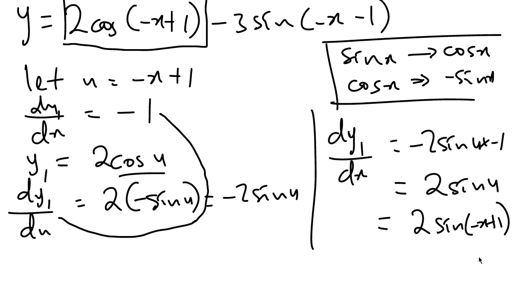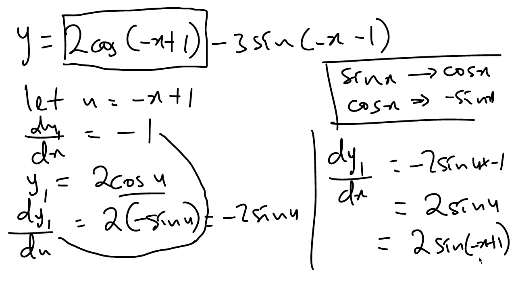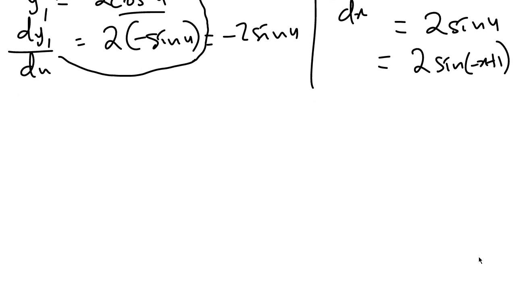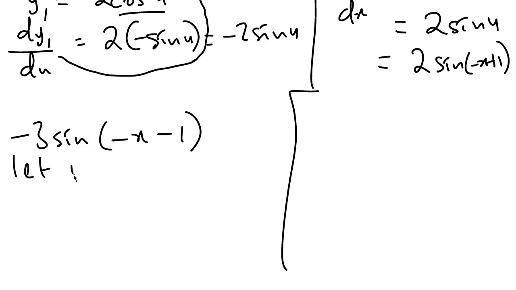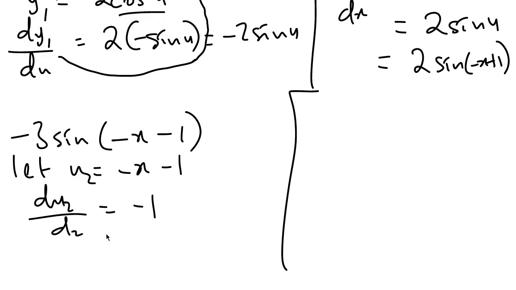And then for the second part, which is -3 sin(-x - 1), same thing, you don't have to waste time. You say let u2 be equal to -x - 1, and if you differentiate this, we're going to have negative 1. You agree?